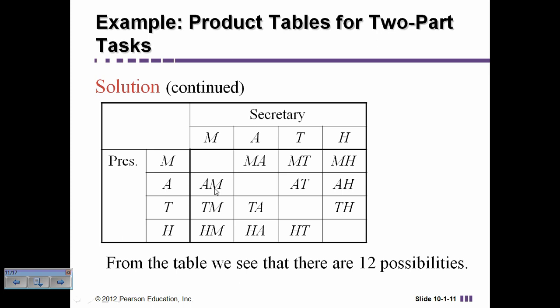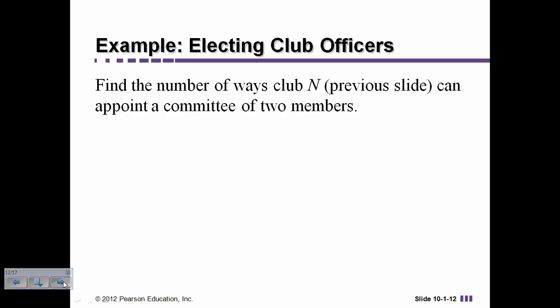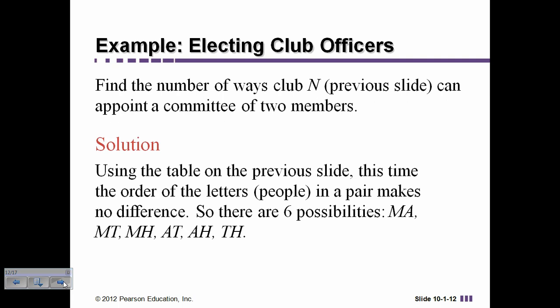So MT is the same as TM, AT is the same as TA. Now we've narrowed our 12 possible pairs down to 6. So again, the question is, how many ways can I appoint committees of 2 members? There would only be 6 possibilities.